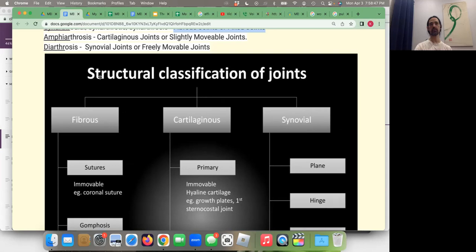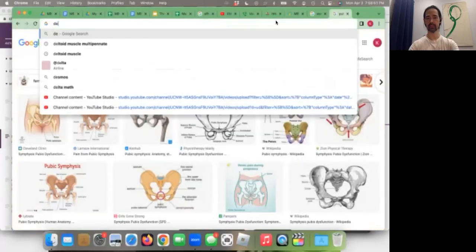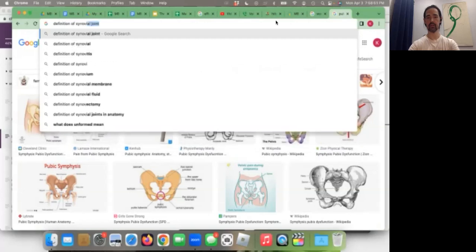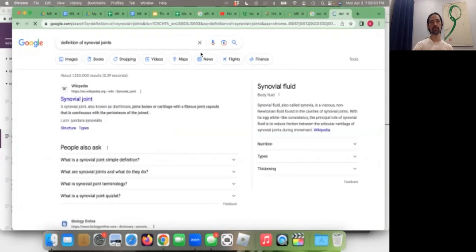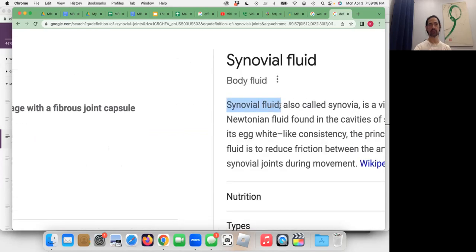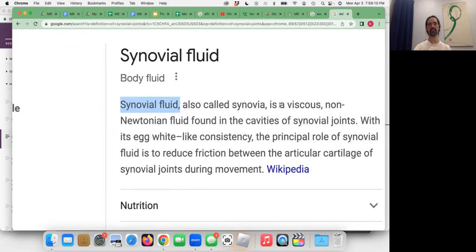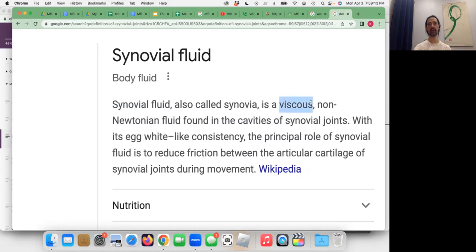Those are also called synovial joints. Let me get a nice definition of synovial joints. Synovial joints are those which are lined with synovial cells, and the synovial cells produce the synovial fluid. The synovial fluid, or the synovia, is a viscous fluid that helps to lubricate the joints.